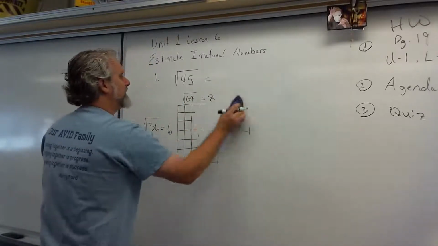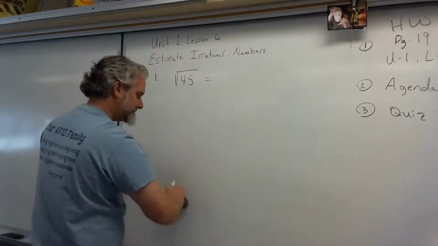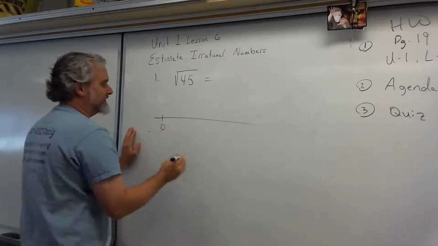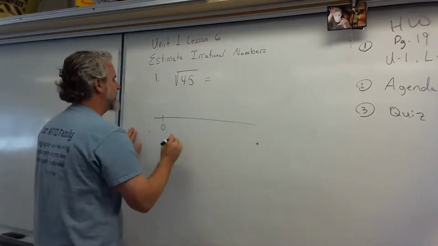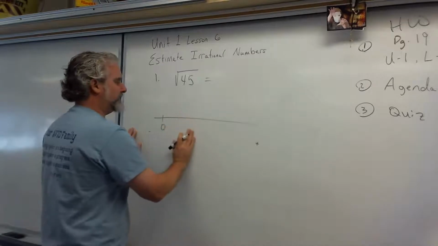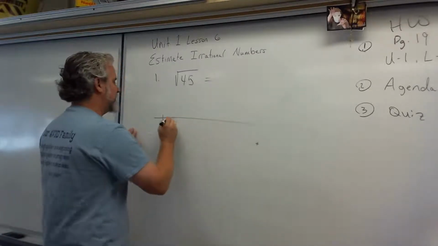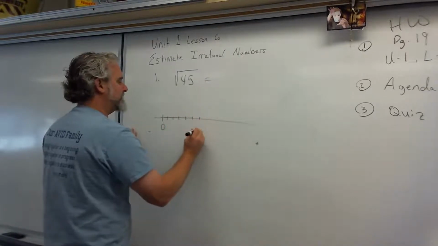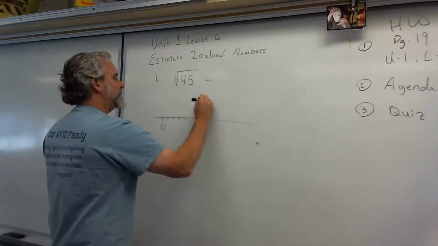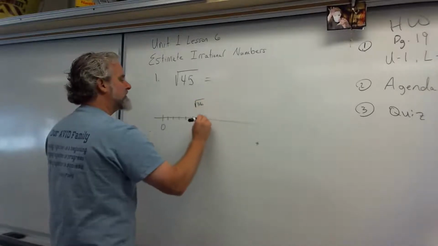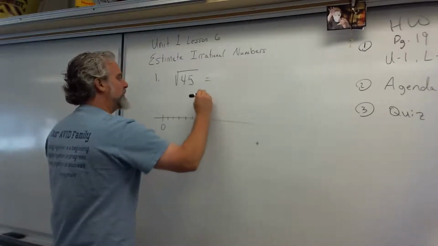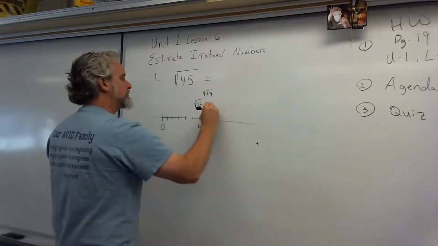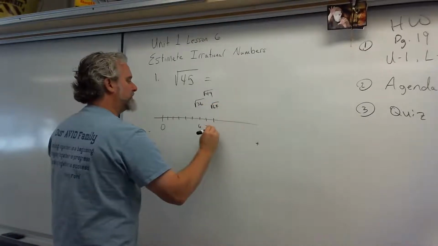So let's turn to our friend, the number line. Here's 0, here's infinite negative, infinite positive. And if we had our 6 and 7 and 8, so 1, 2, 3, 4, 5, 6. This would be the square root of 36. 7 would be the square root of 49. And we had 8, which was the square root of 64.